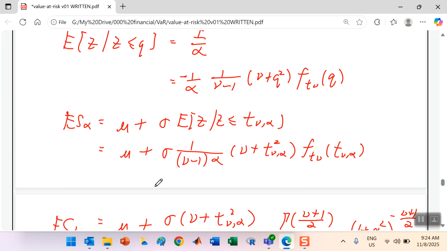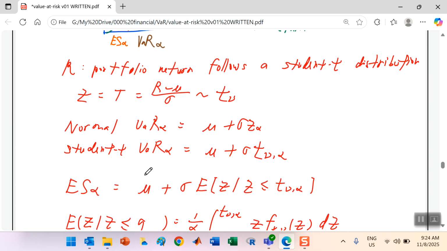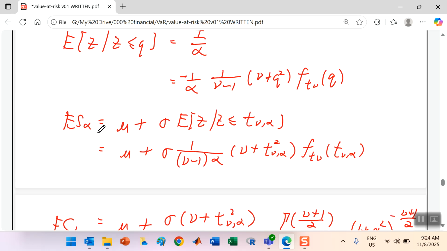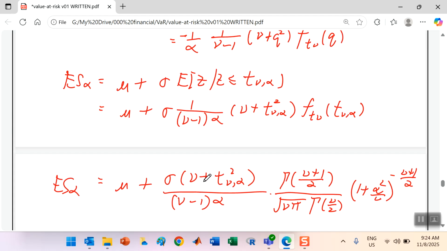Okay guys, so these are the two assumptions under normality and student T distribution, derivation of the expected shortfall at the level of alpha. Okay, in the following session, we're going to have some numerical examples to calculate the expected shortfall under the student T and normal distribution assumption.